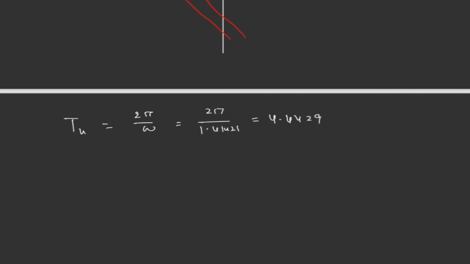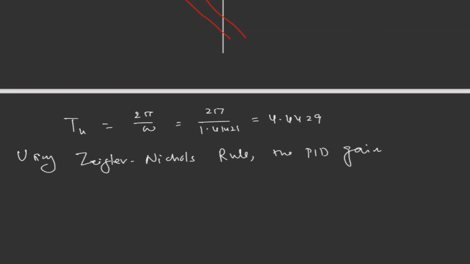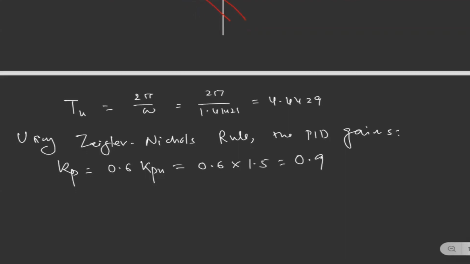Using the Ziegler-Nichols rule, the PID gains are Kp equal to 0.6 into Kpu, which is 0.6 into 1.5, which is 0.9.